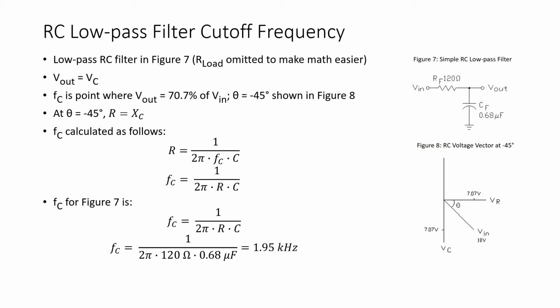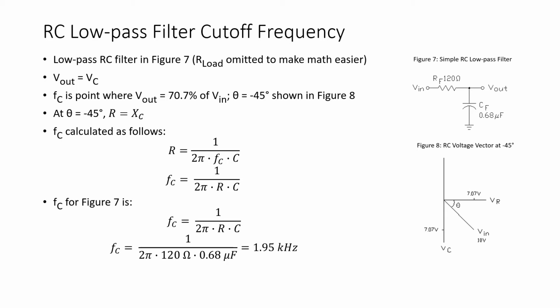So let's look at the calculations of the cutoff frequency of an RC low-pass filter. Now, looking at the circuit in Figure 7, note that I have omitted the load resistor, and I do this simply to make the math simpler. So for the filter circuit of Figure 7, note that the output voltage is across the capacitor.